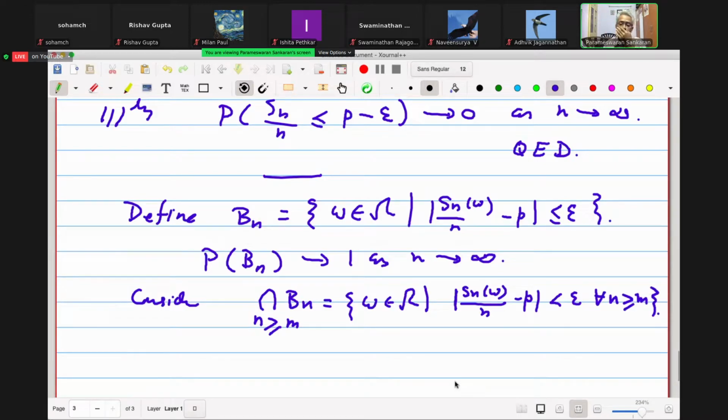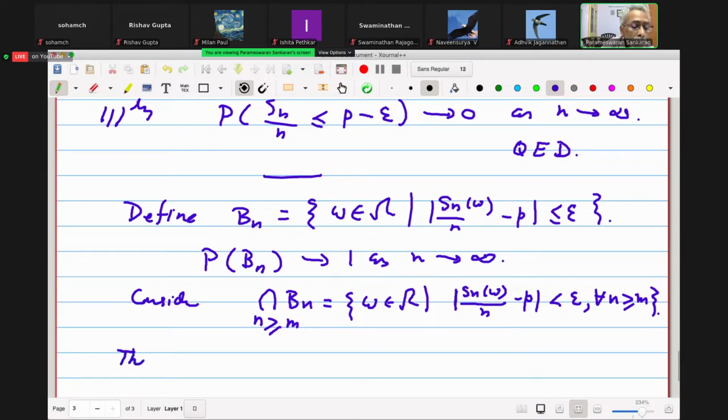In other words, what you are saying is, from some stage onwards, you want this inequality to be less than epsilon.